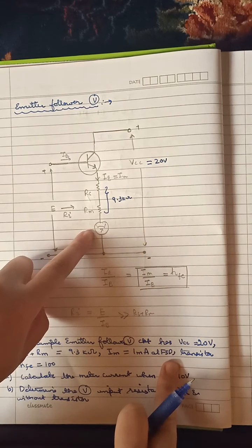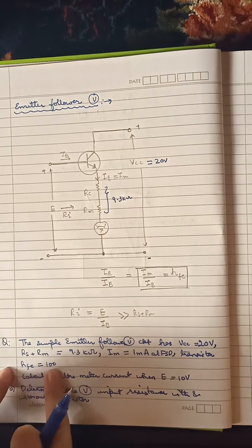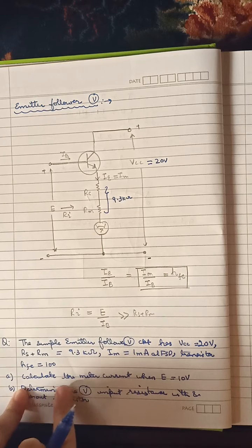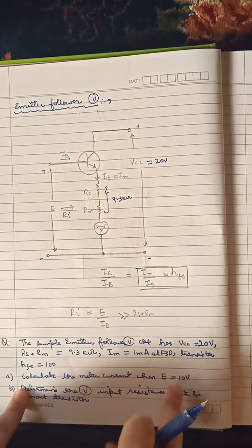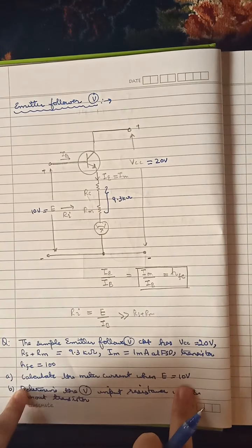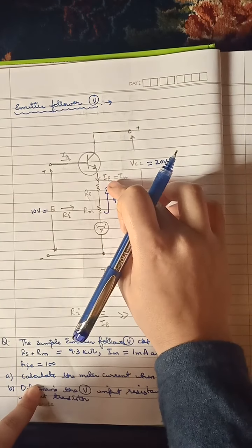That is, the maximum current it can measure is 1 milliamp, not more than that, and the transistor current gain is 100. What we have to find out is the meter current when E is equal to 10 volts. E is given to be 10 volts. That means we have to find the meter current, which is IM or IE.